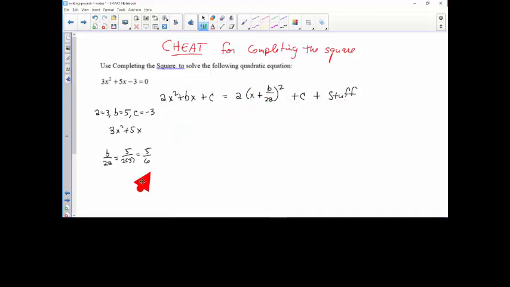So it's 3x squared plus 5x equals, or let's just say we got to add something. We're not sure what we're going to add. I'm just going to put a question mark here. 3 times, and just factor the 3 out.